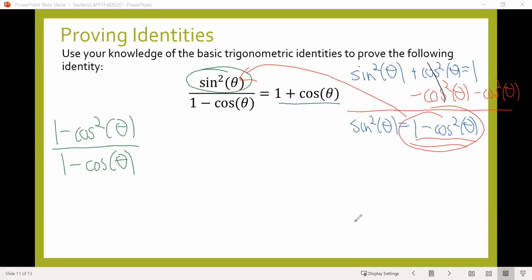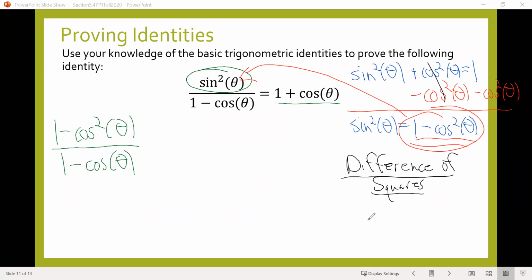And the tool we're going to use is something called the difference of squares. If you've taken Math 98 or Algebra 2 or even Math 141, you may have seen this before.